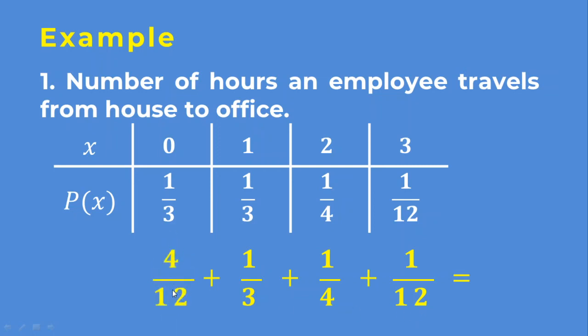So, itong 1/3 magiging 4/12, ganun din ito. At itong 1/4 magiging 3/12. So, i-add lang natin numerators. 4 plus 4 equals 8 plus 3 is equal to 11 plus 1 is equal to 12 all over 12. So, this is also equal to 1. So, nasatisfy niyo yung second property. Ibig sabihin, isa siyang discrete probability distribution.